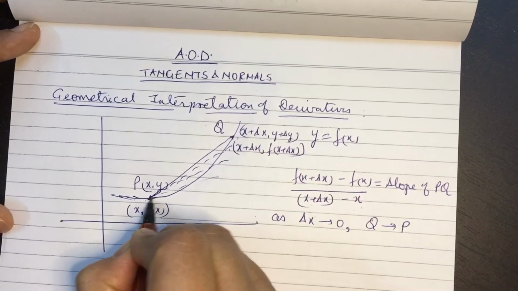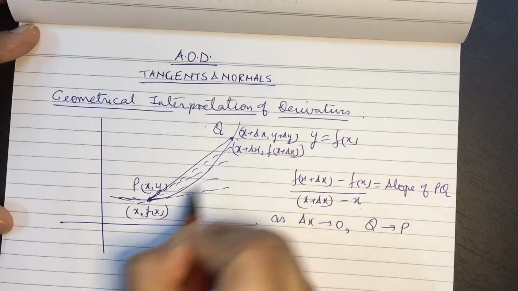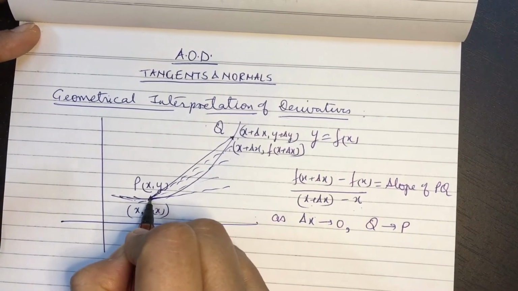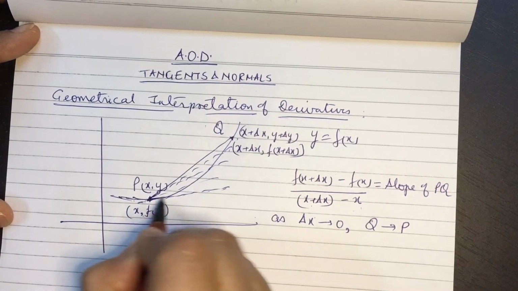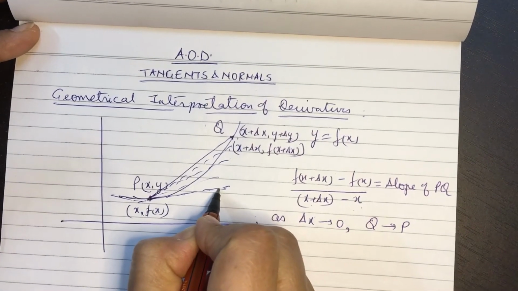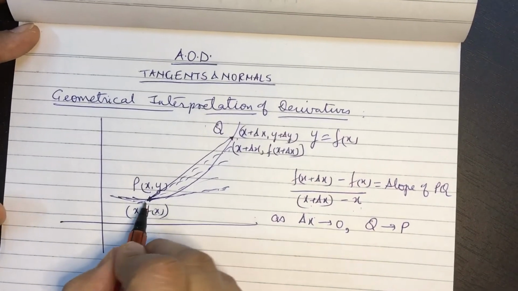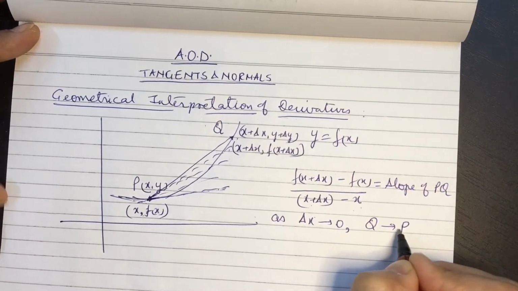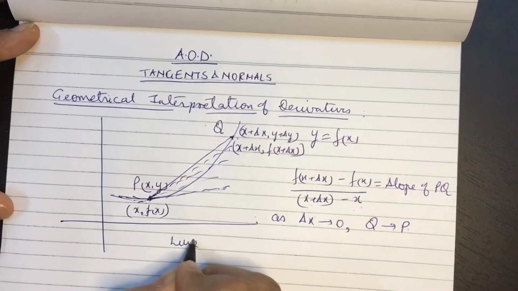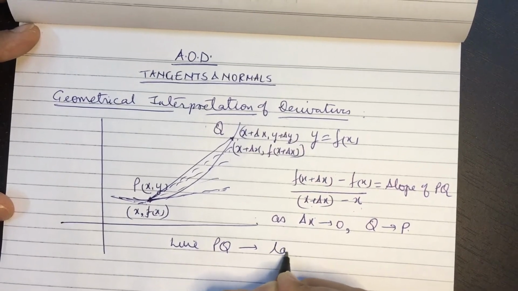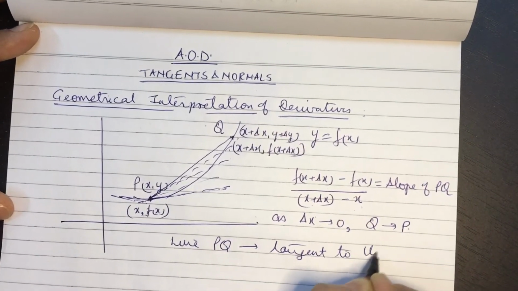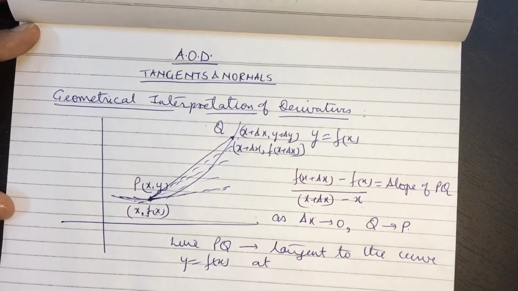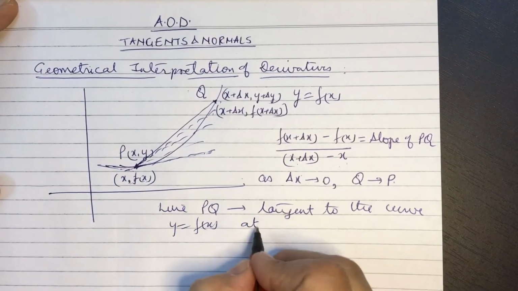So ultimately, when it reaches P, or when delta x becomes 0, the line PQ is nothing but the tangent to the curve at the point P. So as delta x tends to 0 or Q tends to P, line PQ becomes tangent to the curve y equal to f(x) at point P.